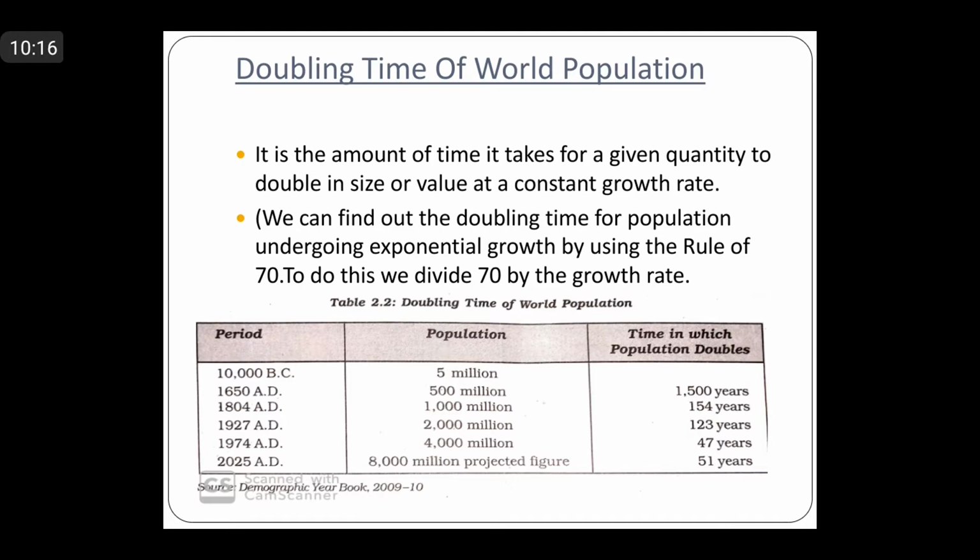The period is given as 1500 years. It has taken 1500 years to double the population. Then 154 years to double the population. Then 123 years to double the population. So that is how the doubling time of world population takes place.